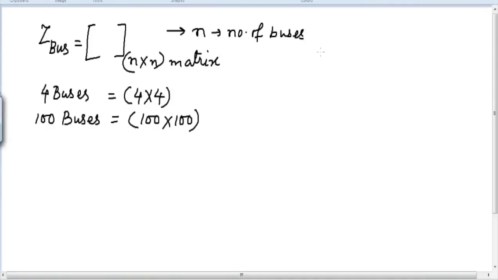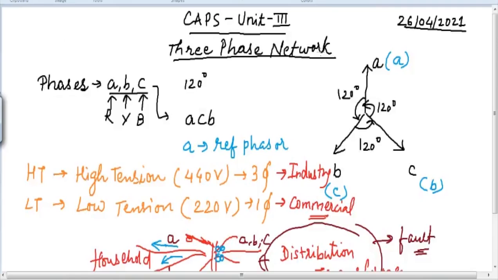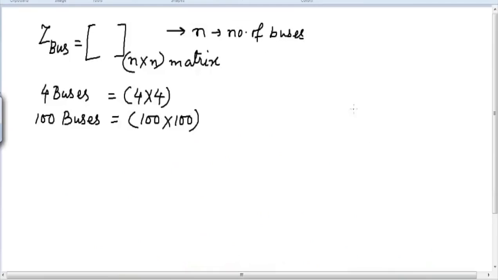So in the previous slide we saw that the 3 phases are A, B, C, and these 3 phases are separated from each other by 120 degrees, right? If I take these 3 phases and analyze, you all know that there are sequence components also. You have learned this in EPS 2. What are the sequence components? I will write them here one by one.